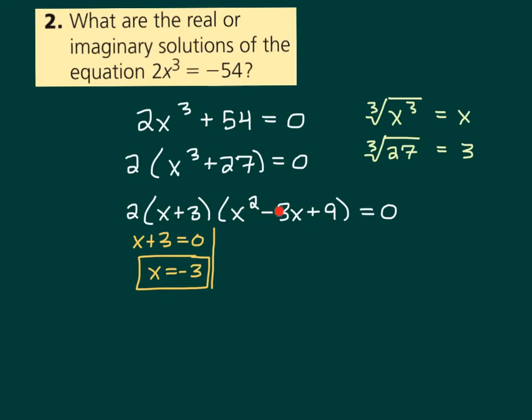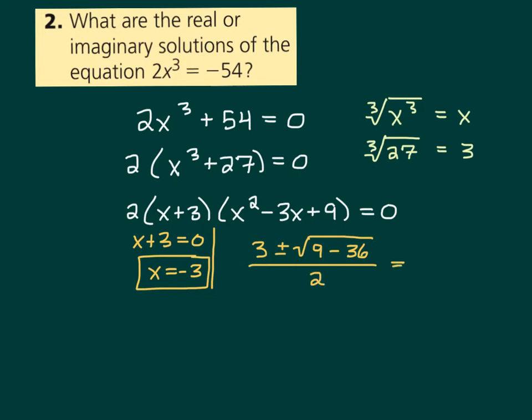But since I'm also asking for the imaginary ones, we have to figure out what they are. How can we figure out what the imaginary solutions of this quadratic are? The opposite of b, so positive 3 because b is negative 3, so the opposite is positive, plus or minus the square root of b squared minus 4ac all over 2a.